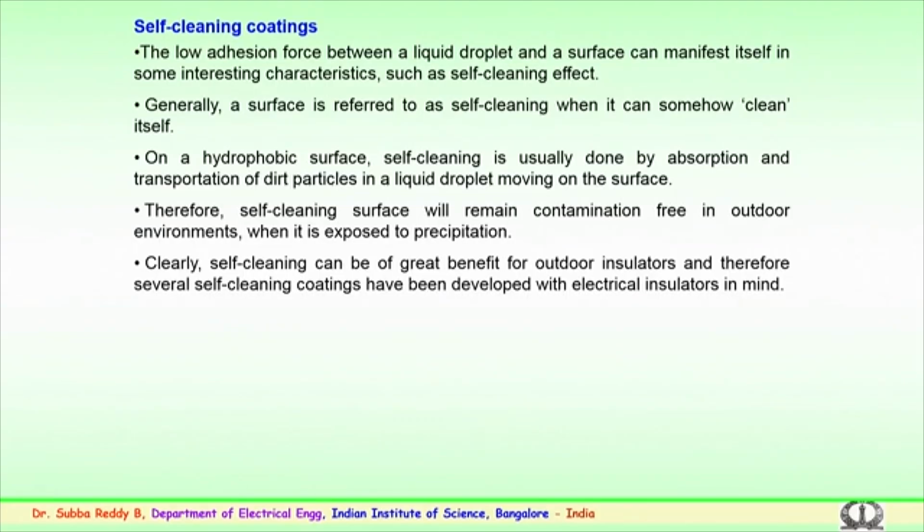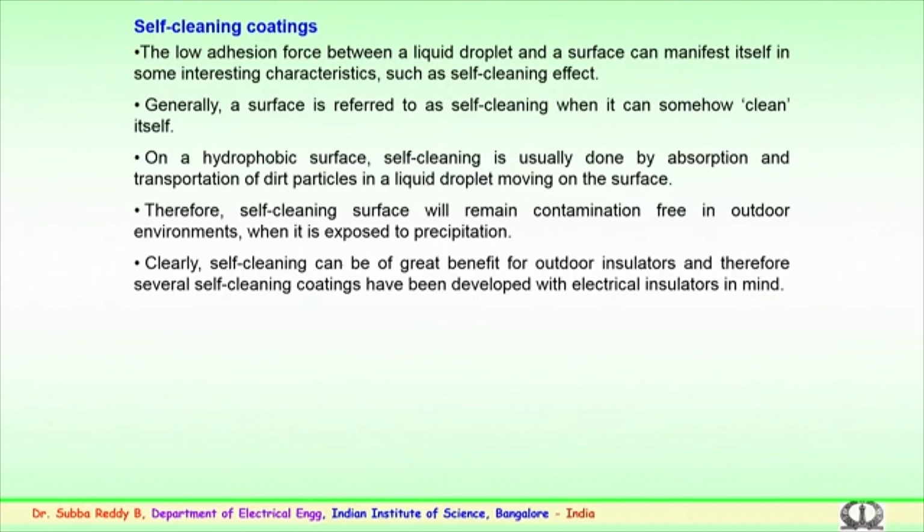So, on a hydrophobic surface where water repellent force is observed, self cleaning is usually done by absorption and transportation of dust particles in a liquid droplet moving on the surface. So, on a contaminated surface, small droplets move with the contamination. Therefore, a self cleaning surface will remain contamination free in outdoor environments when it is exposed to precipitation.